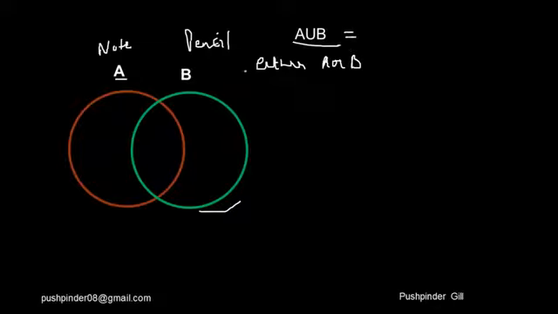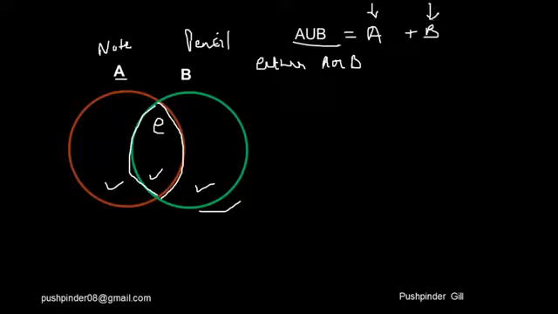Now let me do one thing. For A union B, I need this area once, this area once, this area once, because this is the whole A union B. So if I add A plus B, I have added A and B. Now let's look at the area in which both of them are together. Let me denote it by E. So E has been added once here and once here.